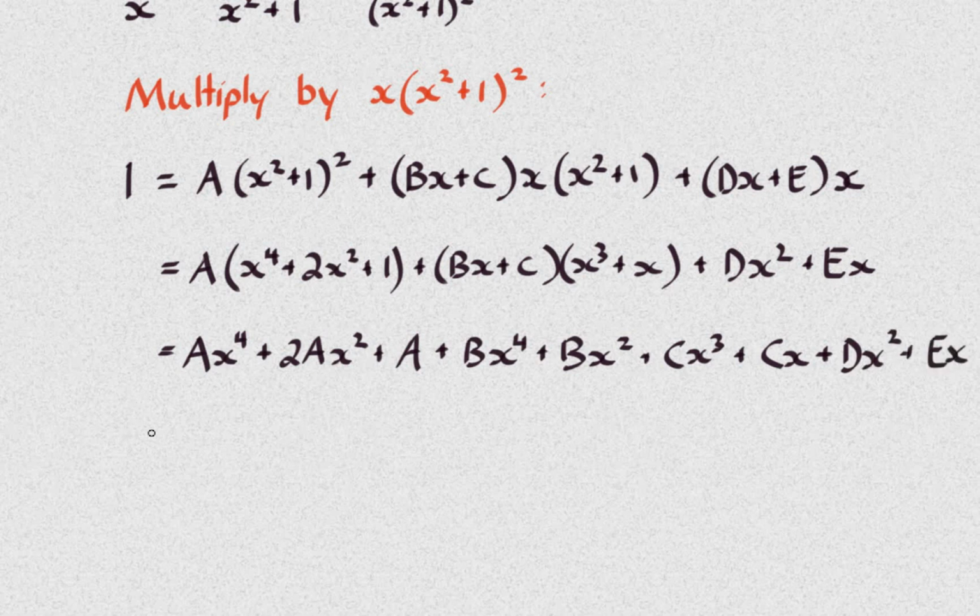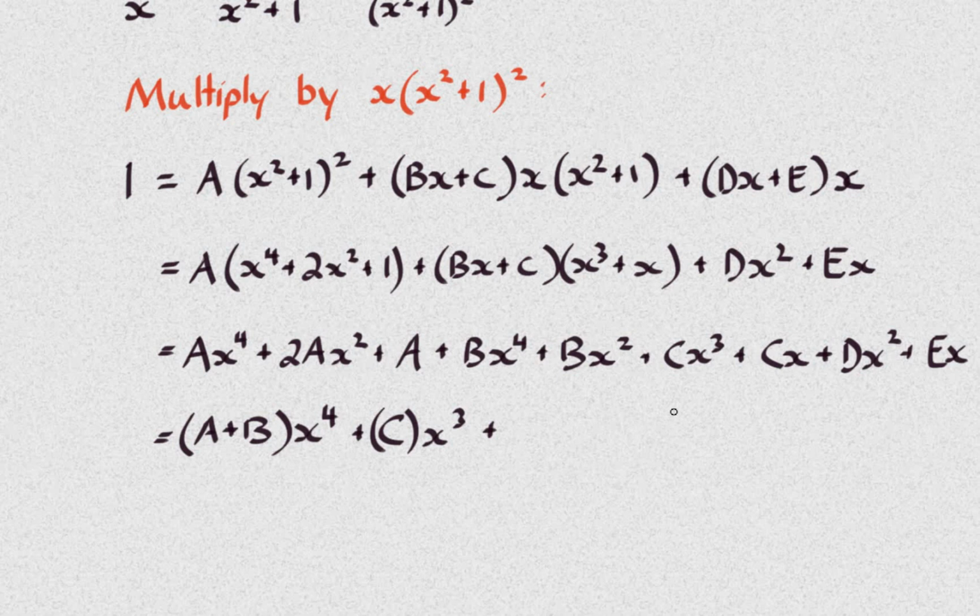Okay, now let's collect everything together. So powers of 4, that's a and b as the coefficients. The cubics, well, look, there only ended up being 1, just c. C is the only coefficient of an x cubed. Now on to the x squareds.